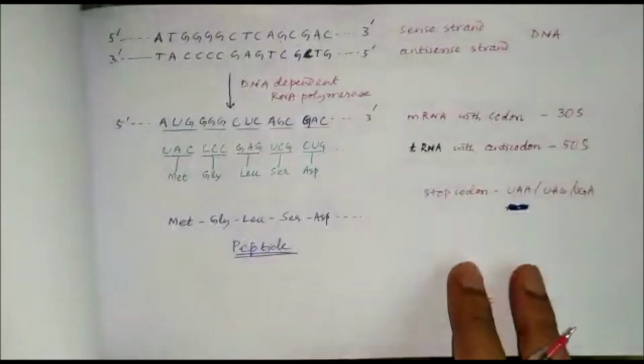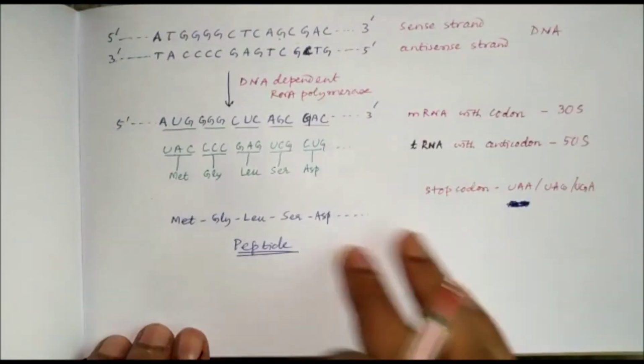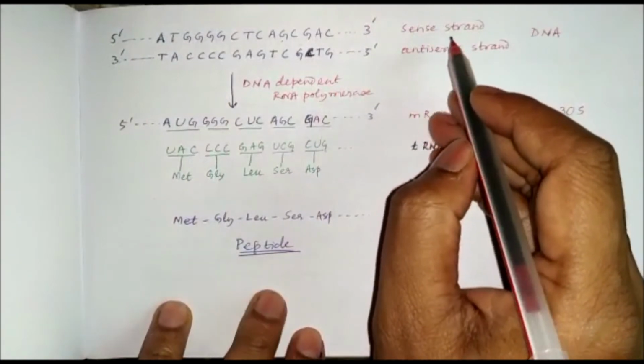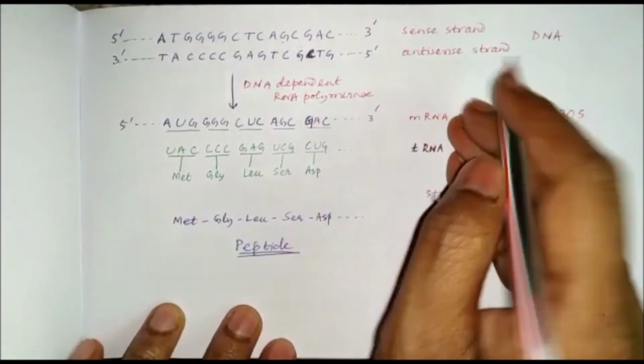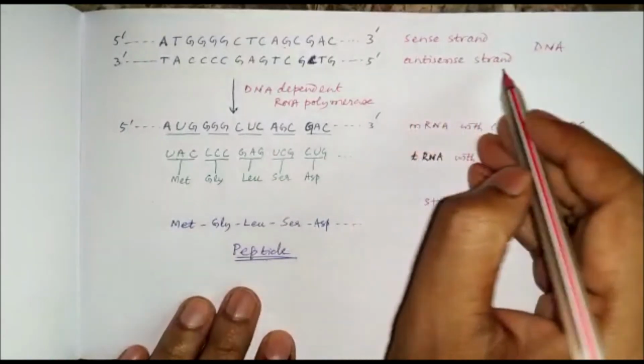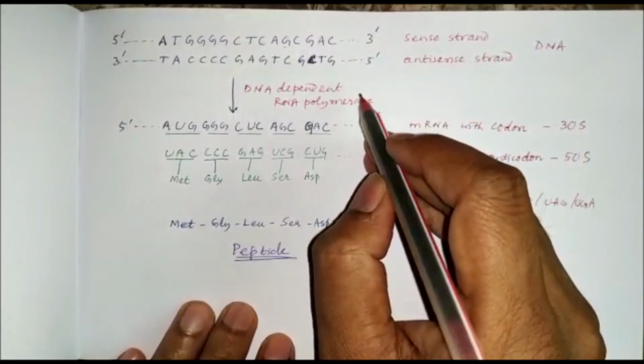Accordingly, if we see this example, we have DNA, where one strand is the sense strand and the other strand is the antisense strand, and the antisense strand acts as the template.